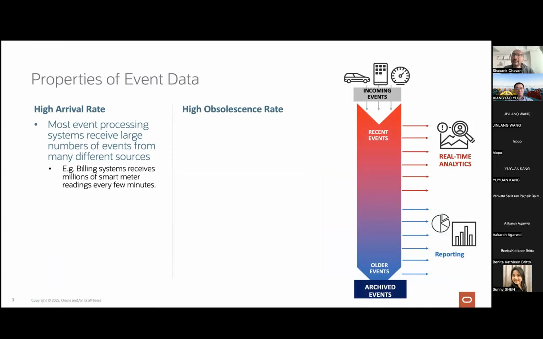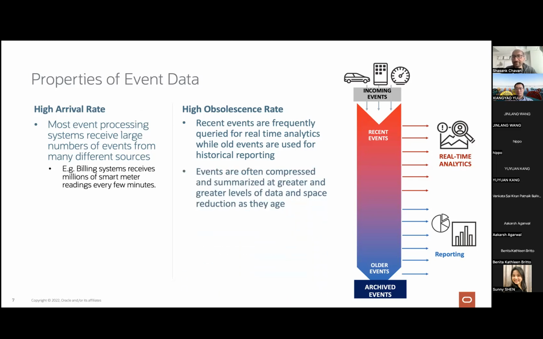What that means is when the events come in, they're hot and they're the most recent data, and you want to do reports directly on it. Now the older events are going to be used more for historical reporting, like, hey, in the last quarter, what was my average temperature reading, for example?